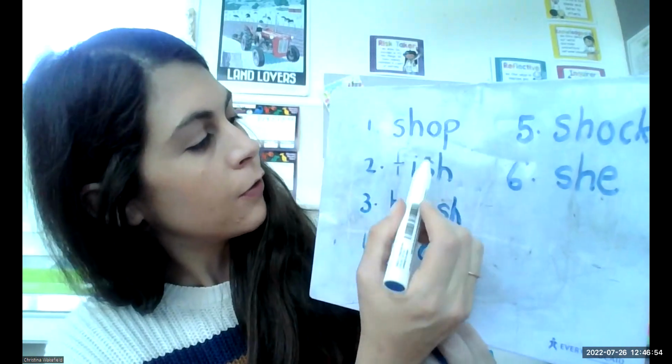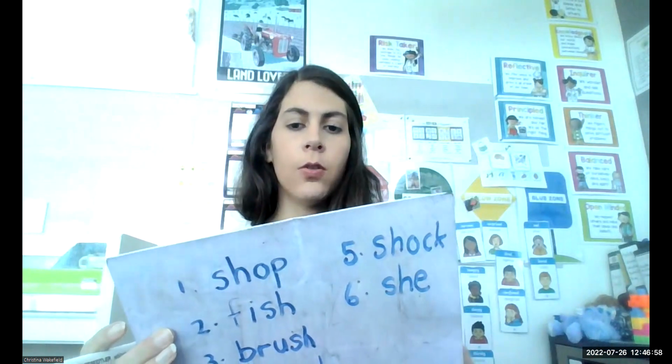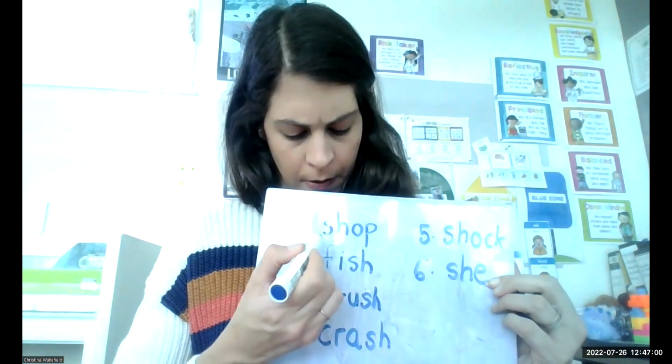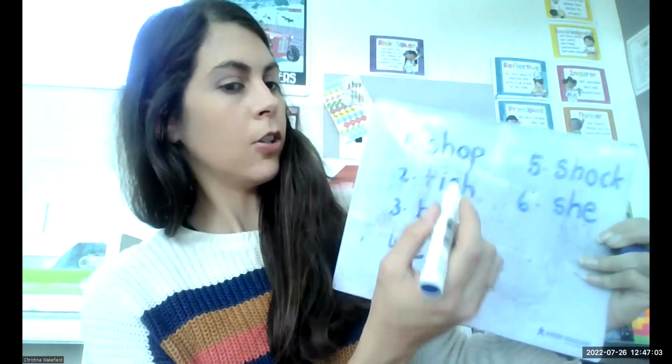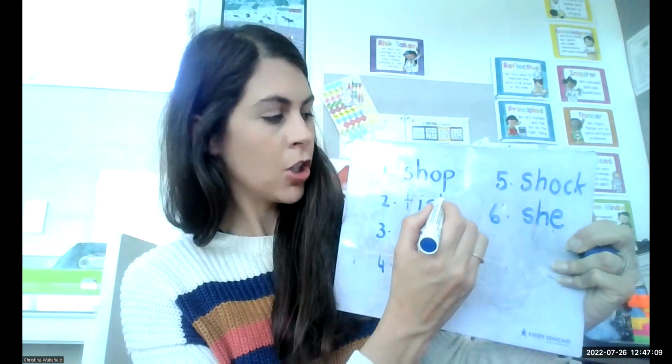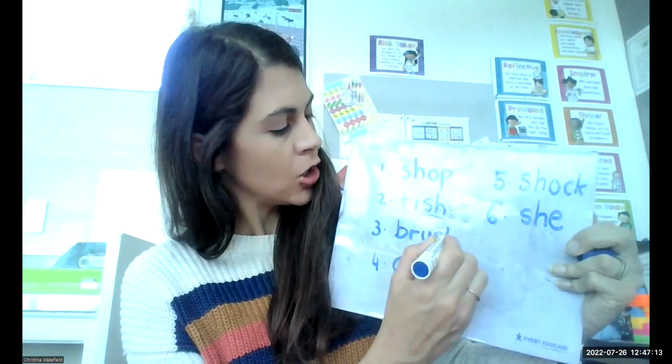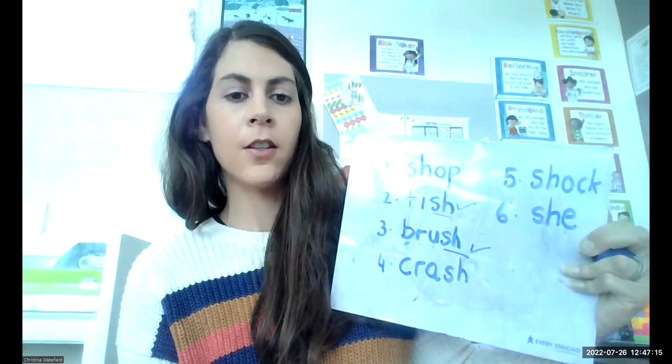Okay, now let's quickly look at the words. Now we should have written them out and we can quickly mark them together. So, for example, shop. Let's do that together. Shop. Fish. Brush. And make sure that your letters are facing the right way.